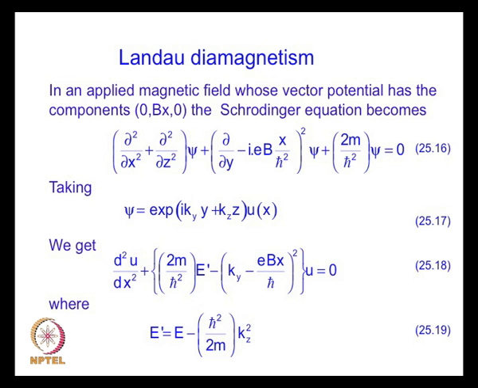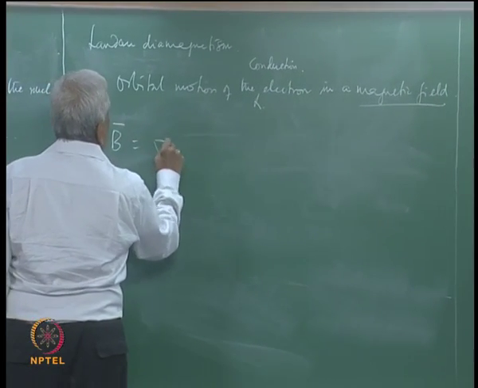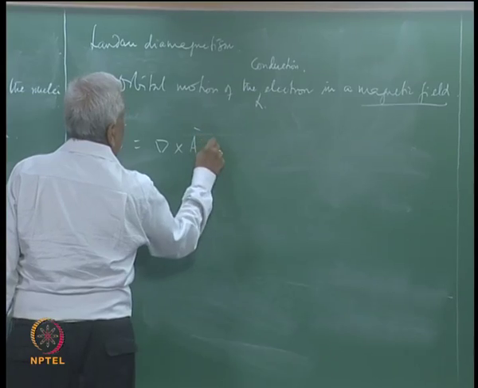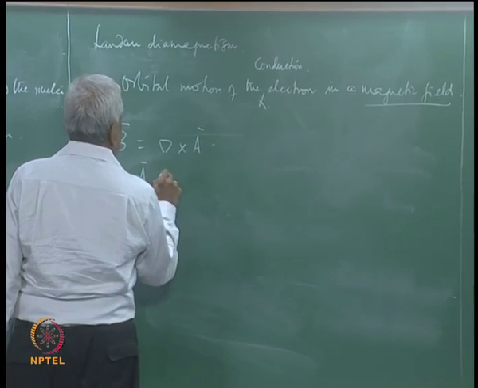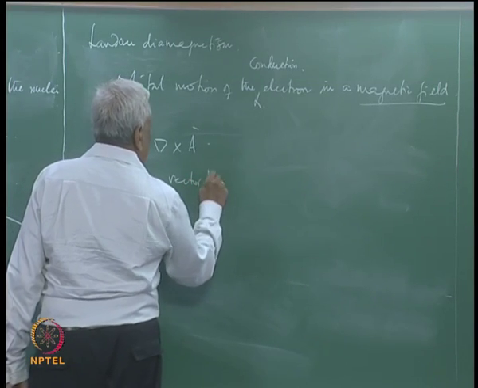So, when you apply a magnetic field, we usually write B equal to del cross A, where A is the magnetic vector potential.